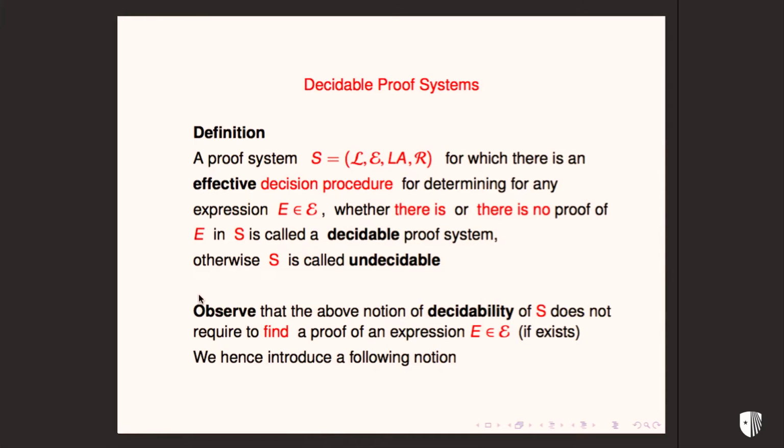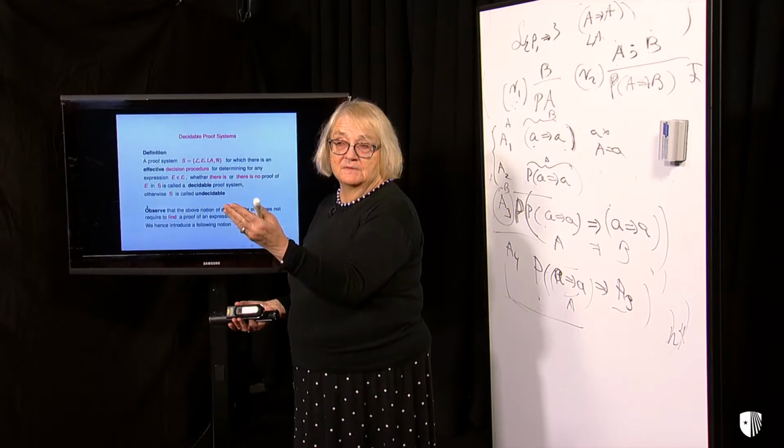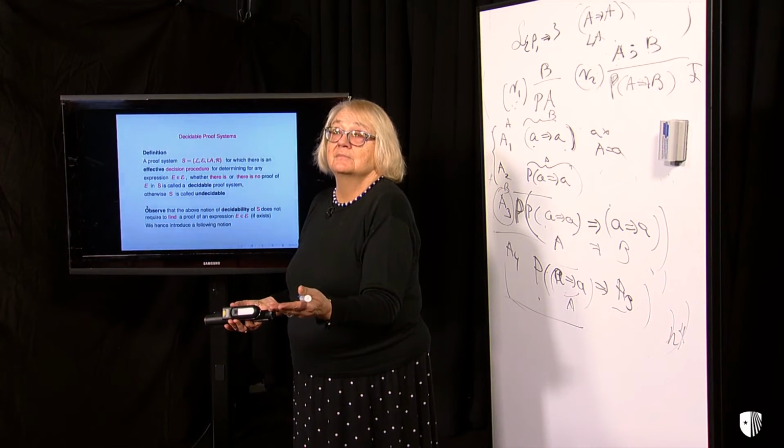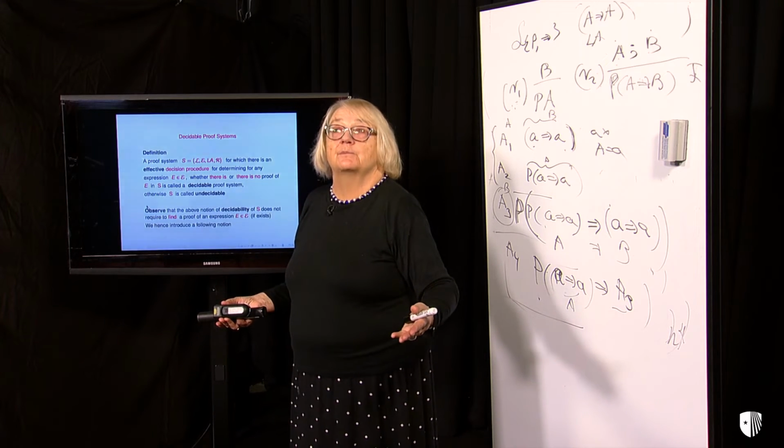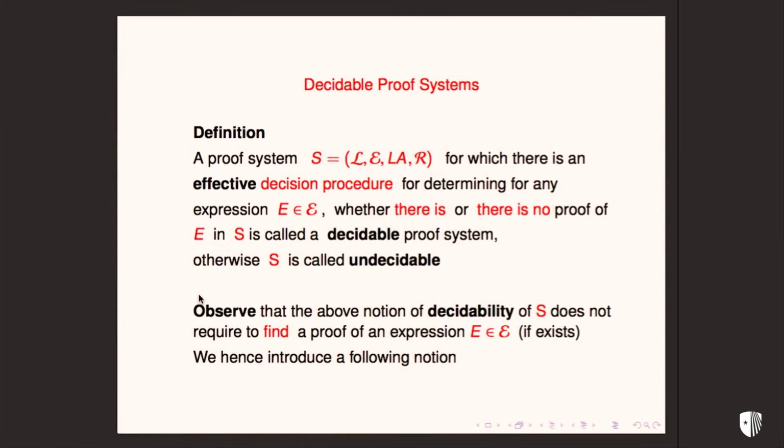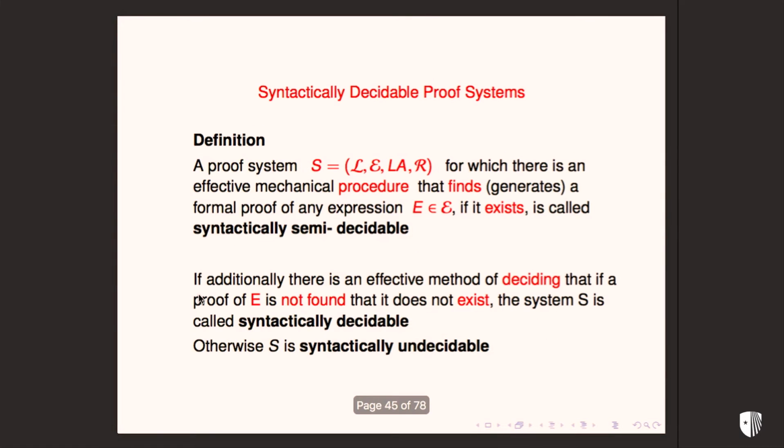Completeness means tautology if and only if there is a proof. I know that it is a tautology. I have completeness, so it is a decidable system. But I don't know how to find the proof. So that is general decidability.